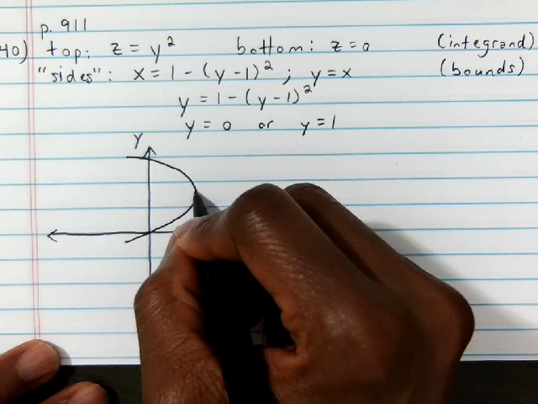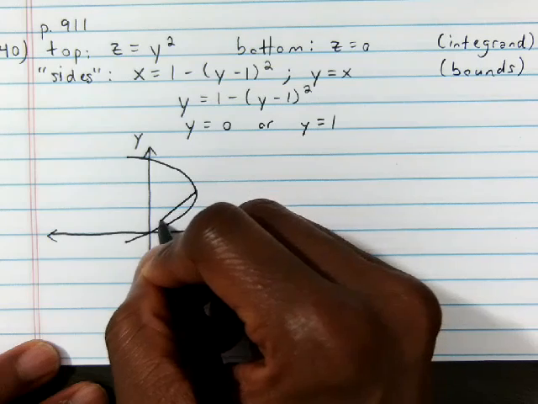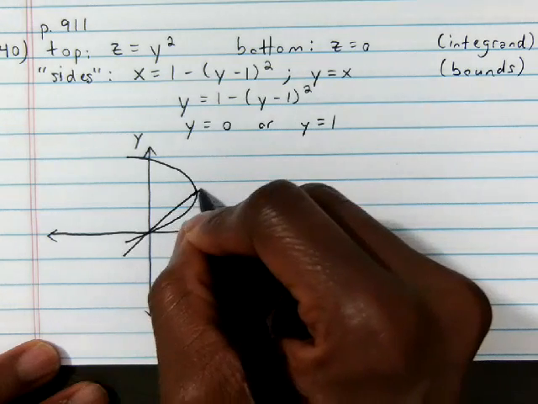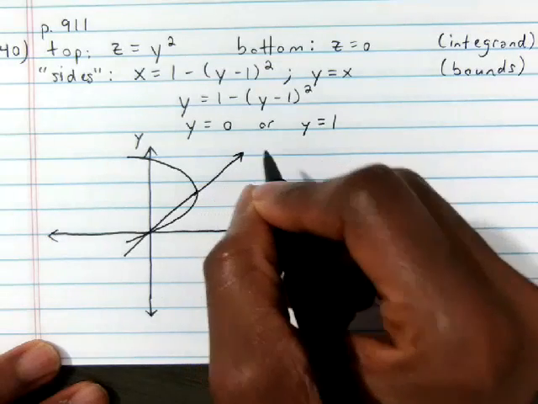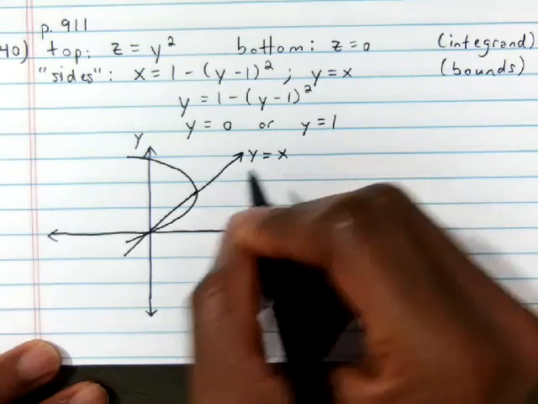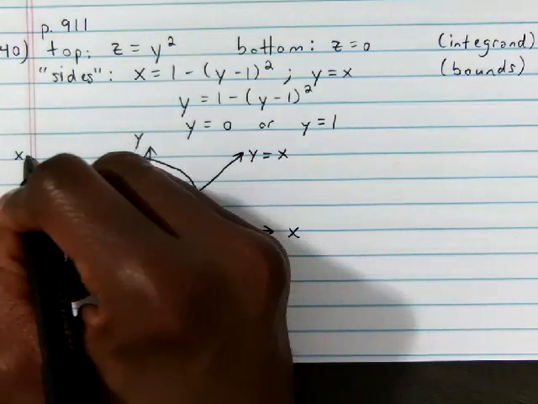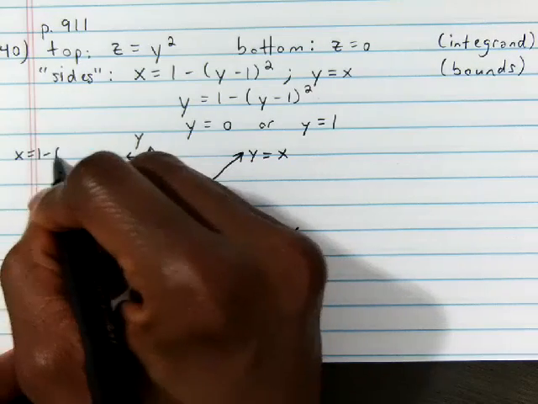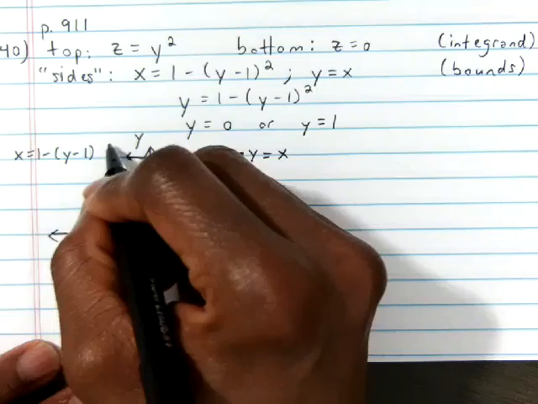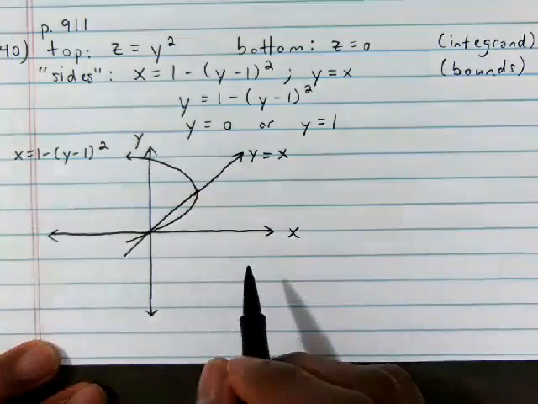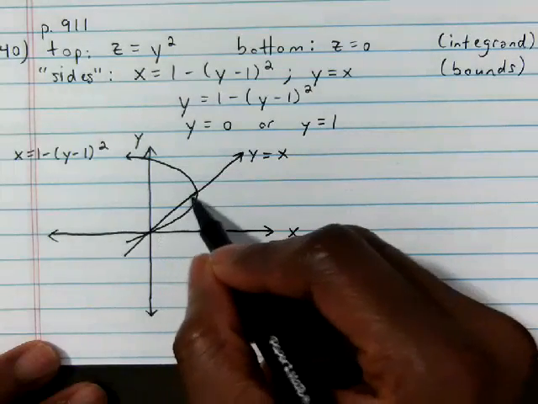And we're going to have the line y equals x. So this is y equals x. And this parabola is x equals 1 minus the quantity y minus 1 squared. Our region is this little thing right here.